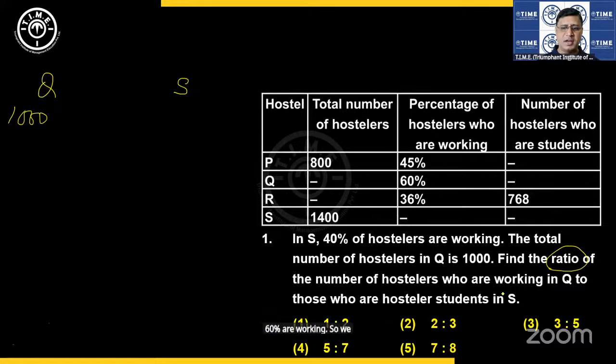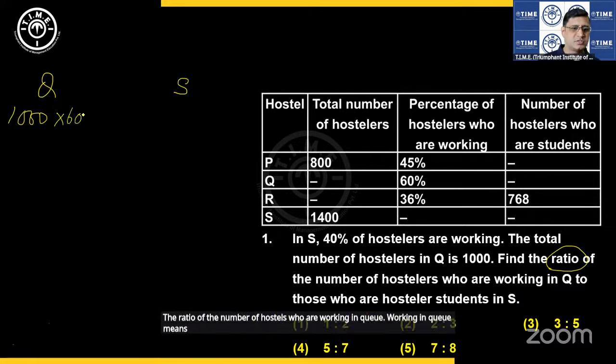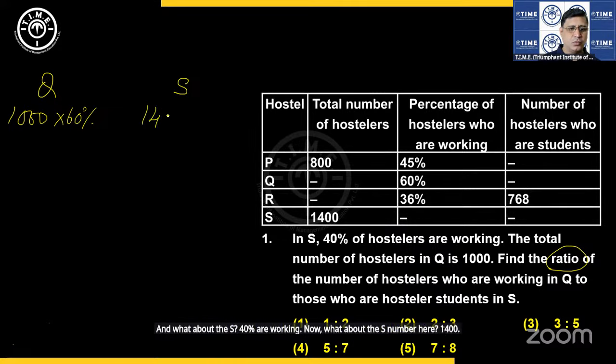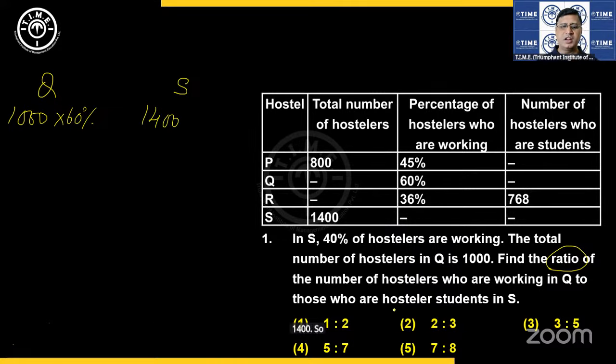So we need to compare the ratio of the number of hostelers who are working in Q, that is 60%, and what about S? 40% are working. The S total is 1400.